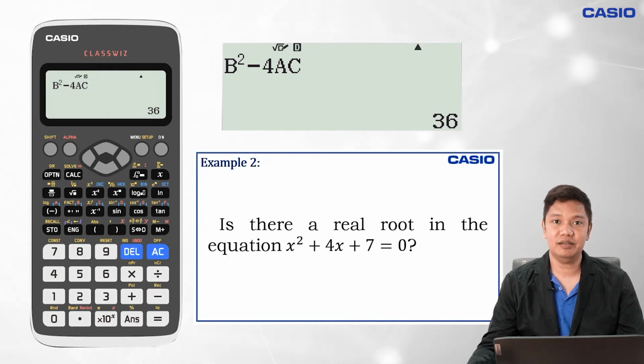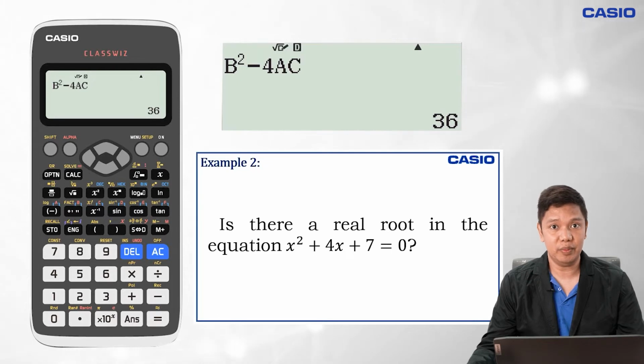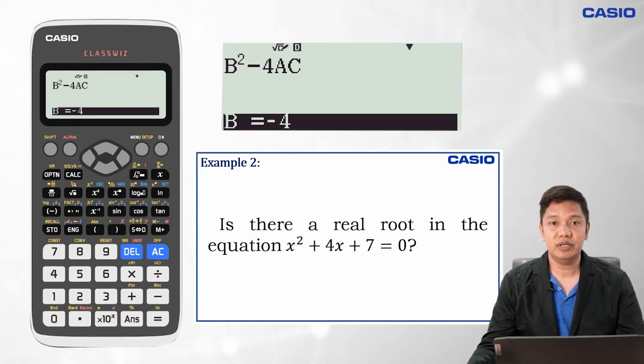Let us now consider the next example. In this example, we are asked if there is a real root in the equation x squared plus 4x plus 7 is equal to 0. To do so, again, we need to compute the value of the discriminant. Since our discriminant is already set up in our Casio Classwiz, we just need to press calculate again to input the values of the numerical coefficients.